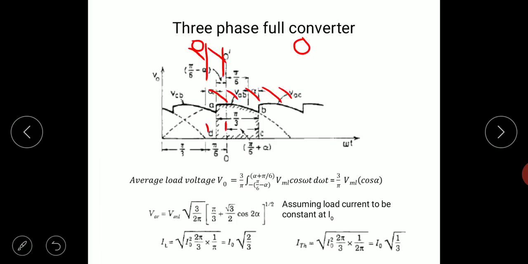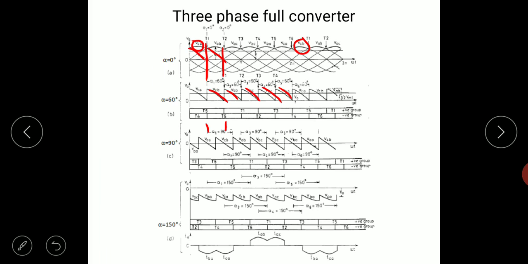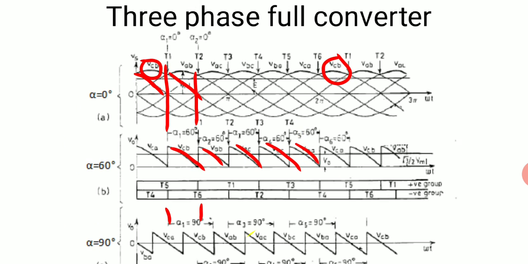Where is VCB? VCB is this voltage or this voltage. So in this interval VCB voltage is this. So this we have drawn VCB voltage. Similarly, for all the 6 voltages, if we analyze, we will get a load voltage of shape like this.